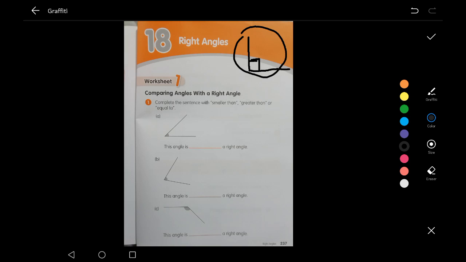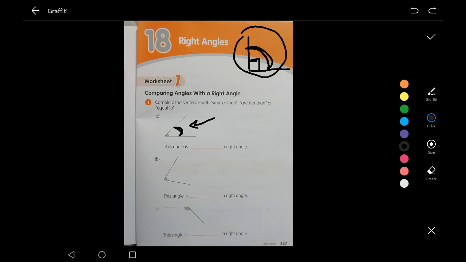And as we said before, the amount of turn between those lines is the amount of the angle. So here in A, is this amount of turn between those two lines smaller or greater than the right angle? What do you think? Is it smaller or greater?